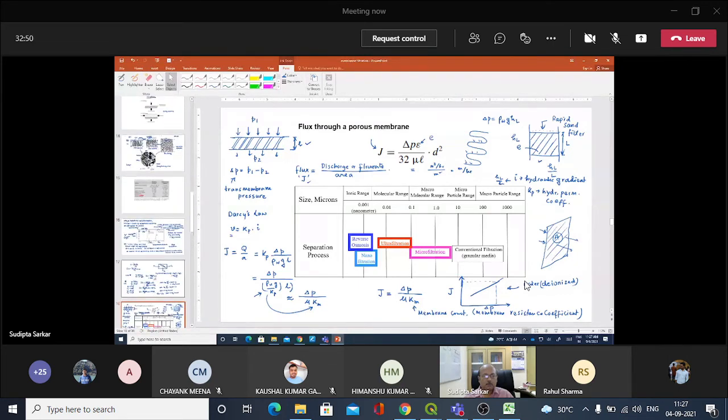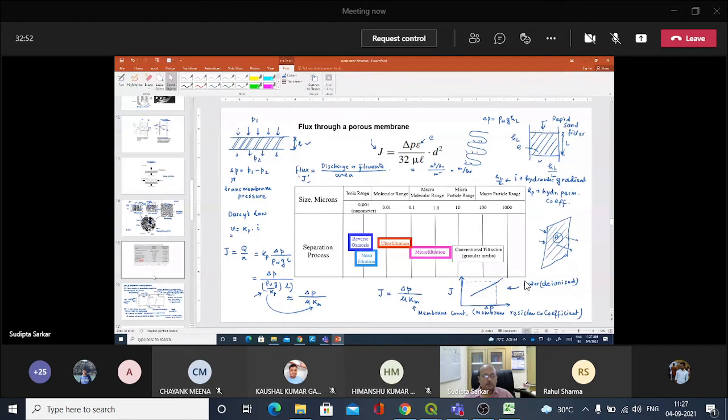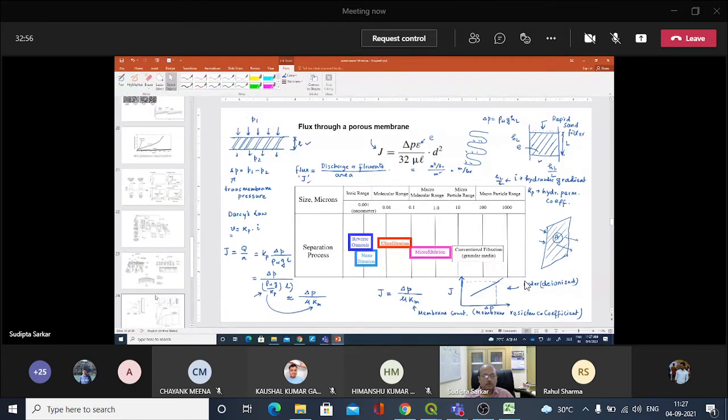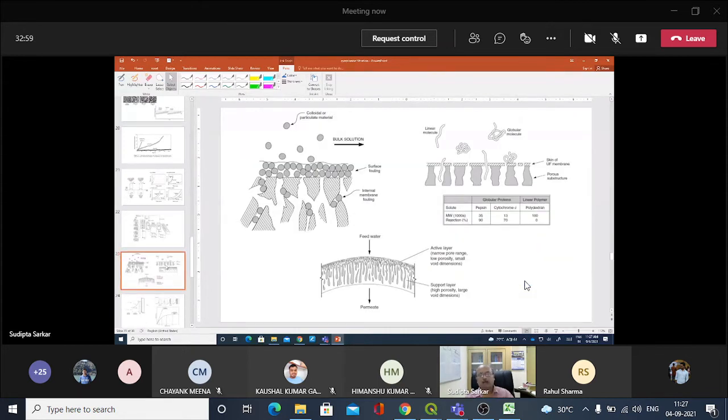I have a diagram of an ultrafiltration membrane. If you have a look at the diagram, this is a cross section of an ultrafiltration membrane. As you can see, in a cross flow situation, these shaded lines are the surfaces of the membrane. You can see the porousness of the membrane here.